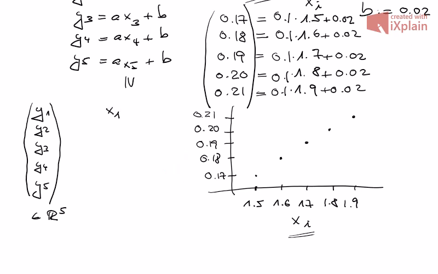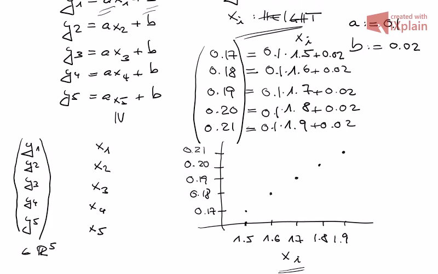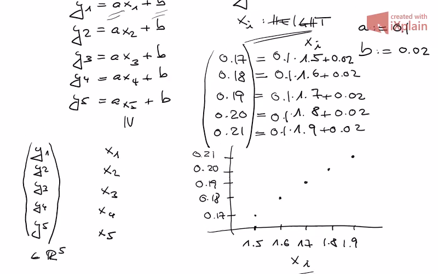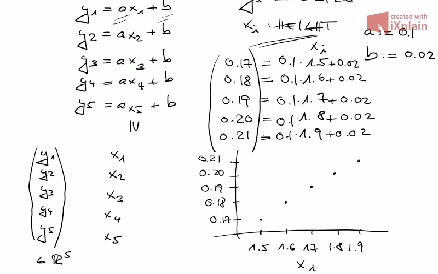So we have our x1, x2, x3, x4, and x5. Maybe let's leave that bracket for now. And then you see that we multiply all of these x values with a constant a, right?